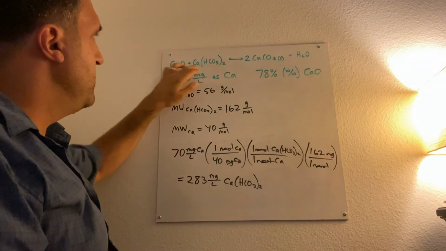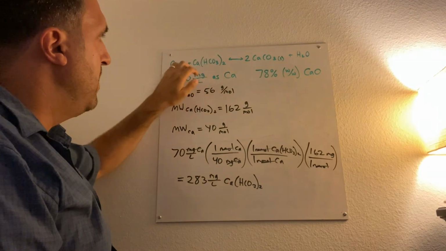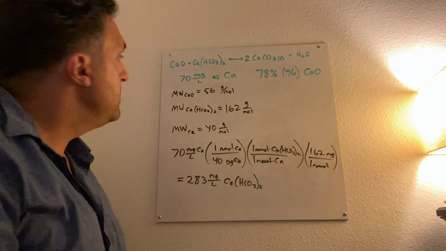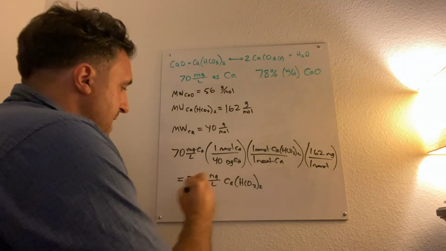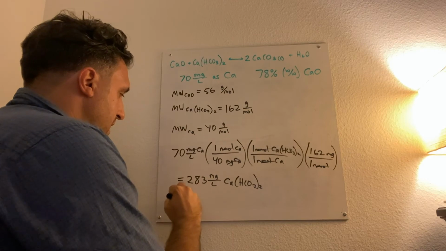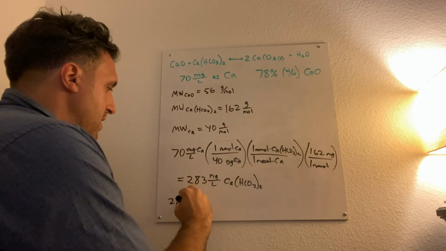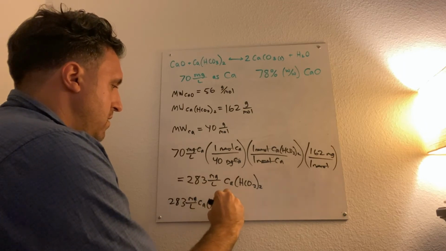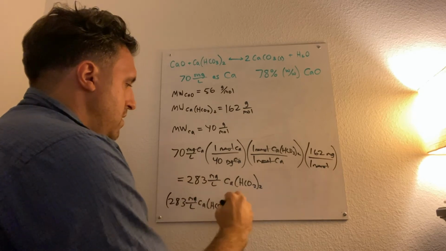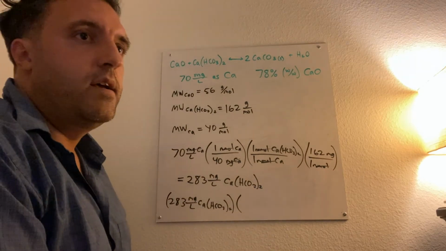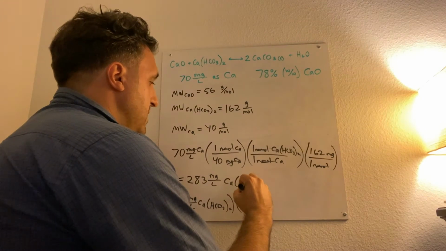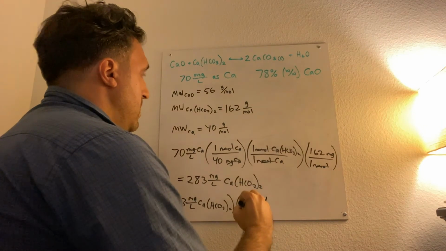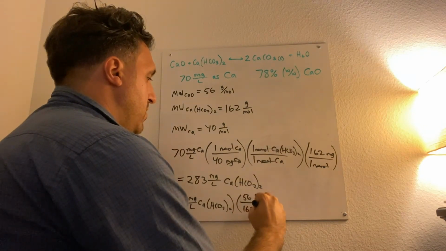Because the molar relationship is 1-to-1 here, we can look at the ratio of molecular weights of calcium bicarbonate and CaO and take this mass, 283 milligrams per liter of calcium bicarbonate, multiplied by 56 grams per mole divided by 162 grams per mole.